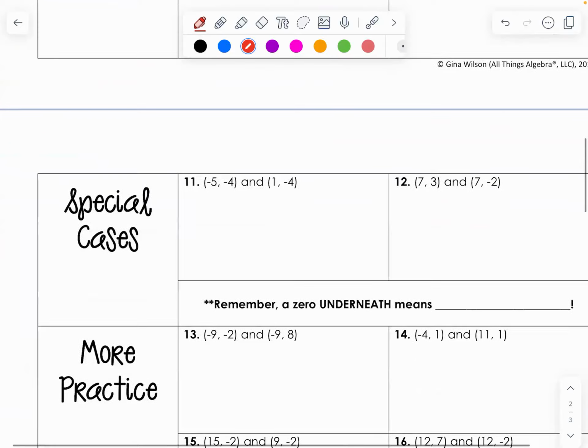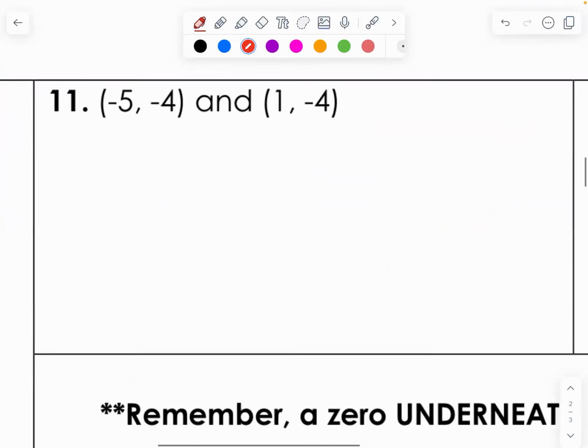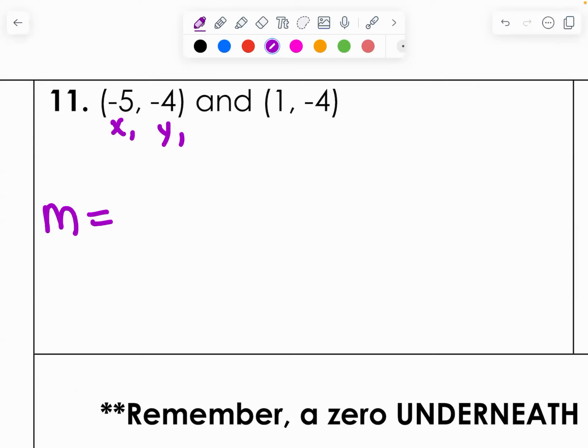Okay, I want you to jump to the next page. We're going to look at number 11. Number 11. Okay, if I label X1, Y1, X2, Y2, help me out.